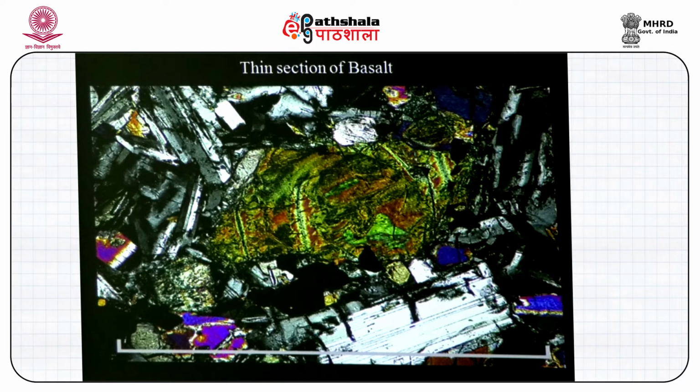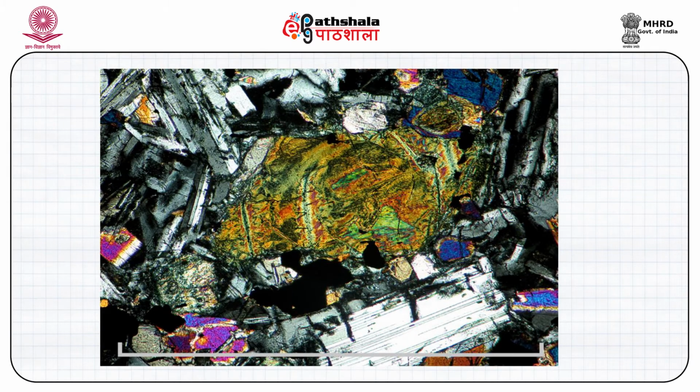Now, thin section of basalt, as you can see here, is mostly plagioclase and some pyroxene. This is highly magnified, otherwise they are very, very fine grained rocks, but you can see that they still have a very clear presence of plagioclase with twins.